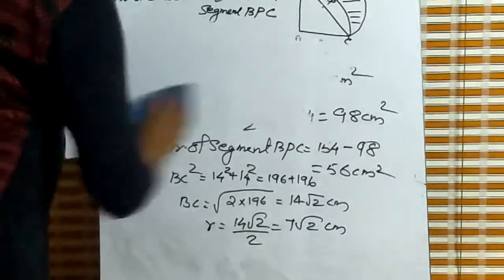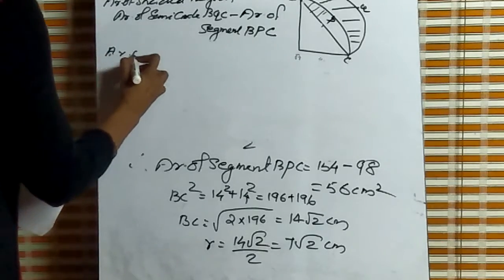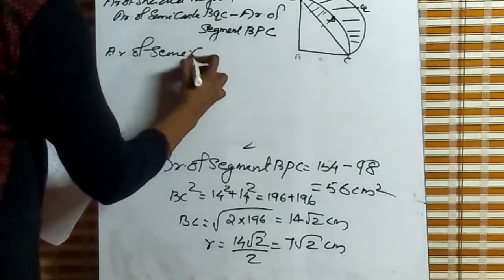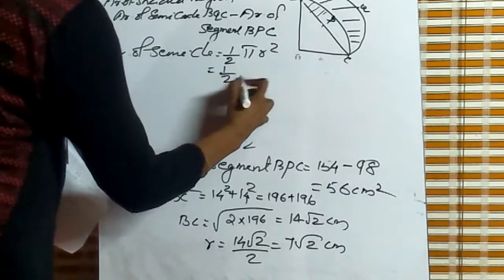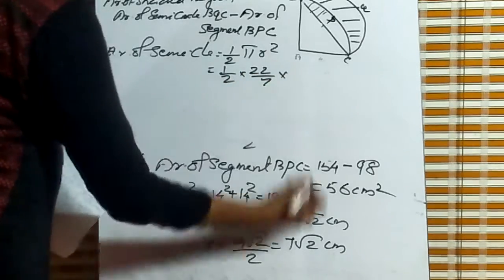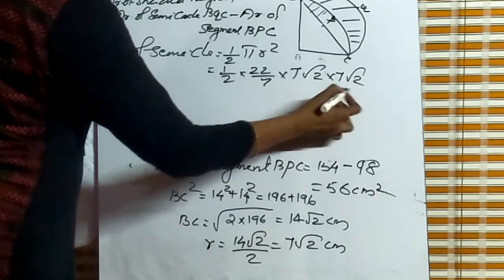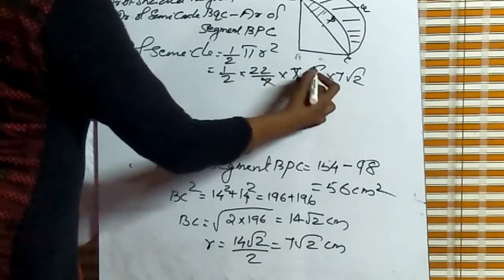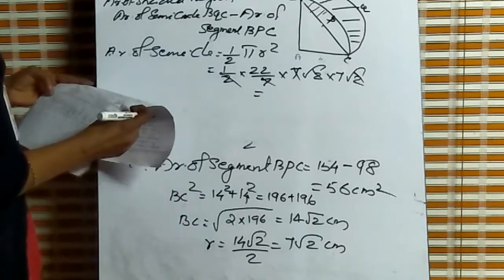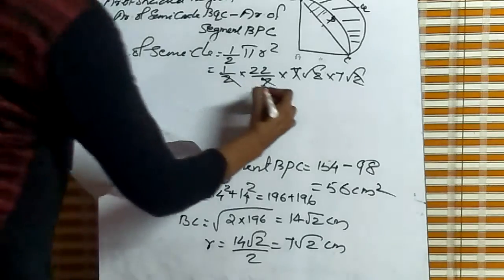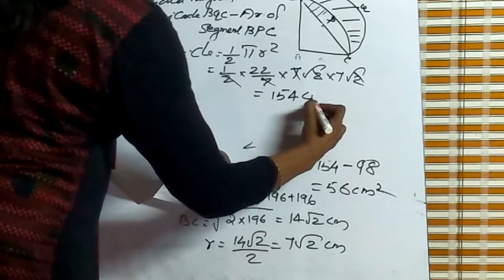Therefore, area of semicircle is equal to half pi r square is equal to 1 by 2 into 22 by 7 into 7 root 2 into 7 root 2. 7 cancelled, 2 and root 2 times root 2 cancelled. So our answer is 7 into 22 into 1 is equal to 154 centimeter square.